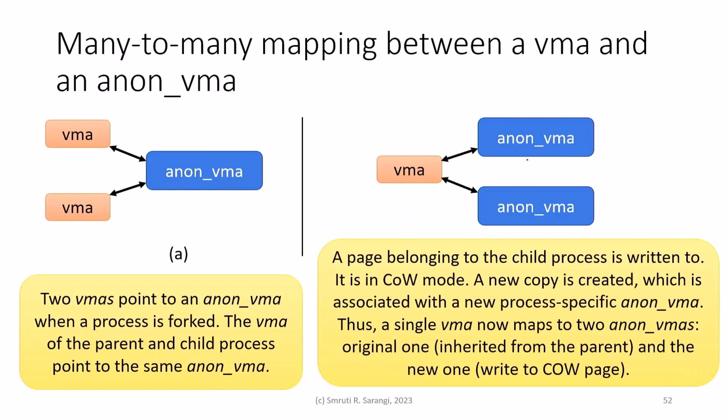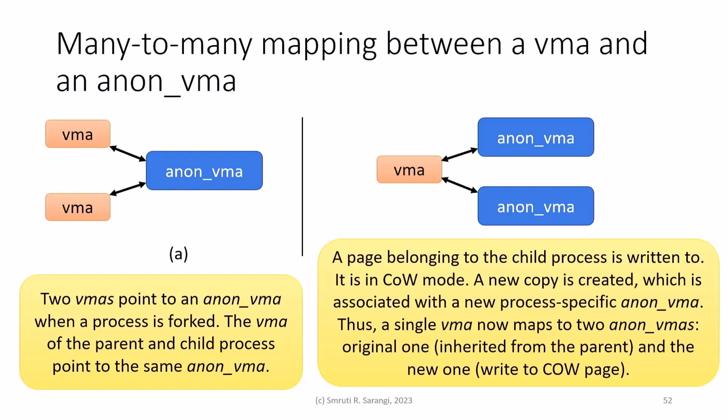Correct? So we now will look at the relationship between VMAs and Anon VMAs and see what that relationship will look like. Let's say two VMAs can point to an Anon VMA, because when a process is forked, initially at the beginning, if nothing is shared, a VMA and Anon VMA have a one-to-one correspondence.